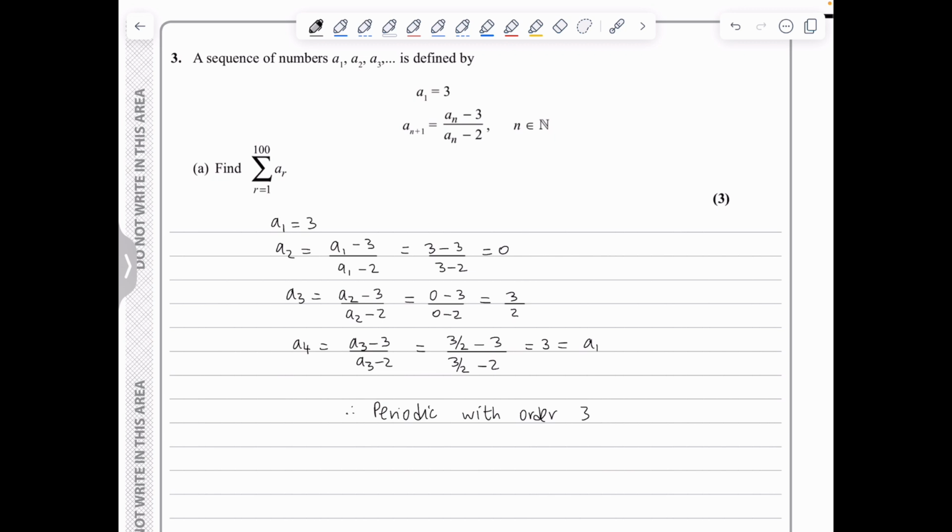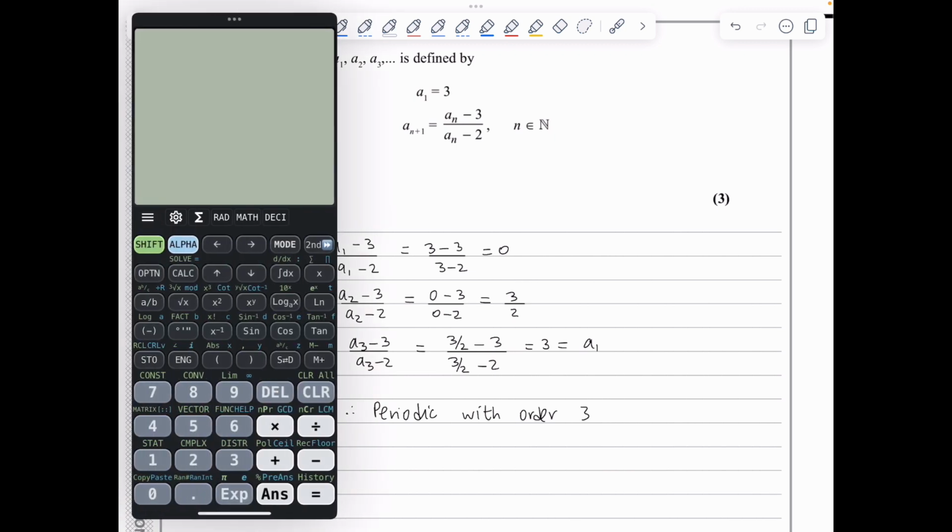Now I could have automated this on a calculator to see quickly that this will give me a periodic sequence with order 3. I will show you how. So going on the calculator, we start at a1 being 3, so I press 3 equals, so I've stored the 3 on my answer key, and then we evaluate ans minus 3 over ans minus 2.